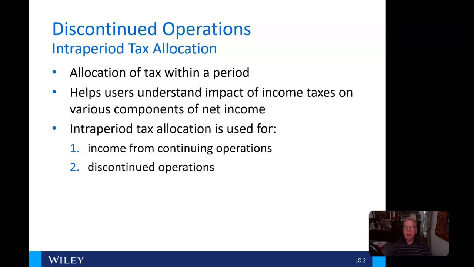Intra-period tax allocation. Here, there's an allocation of tax within a period. It helps users understand income taxes on the various components of net income. There is an intra-period tax allocation, and it's used for both income from continuing operations and discontinued operations.